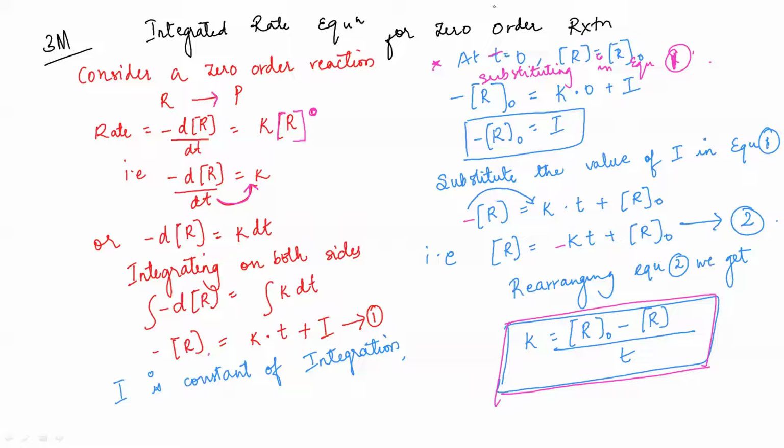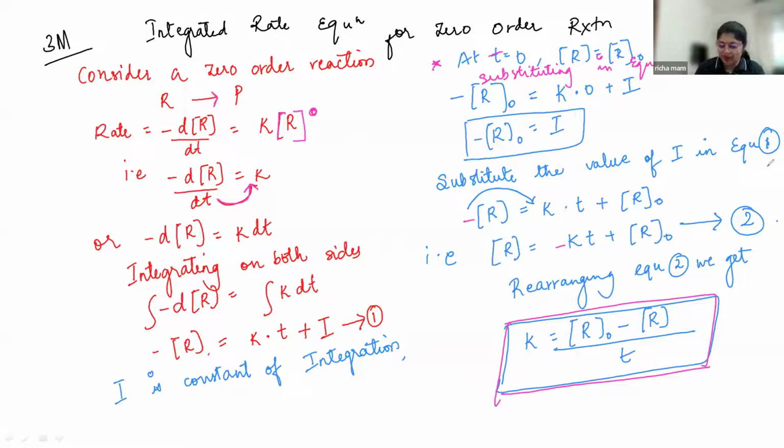Got it? So this is the integrated rate law expression for zero order. Got it up to here? Shall I clear this?